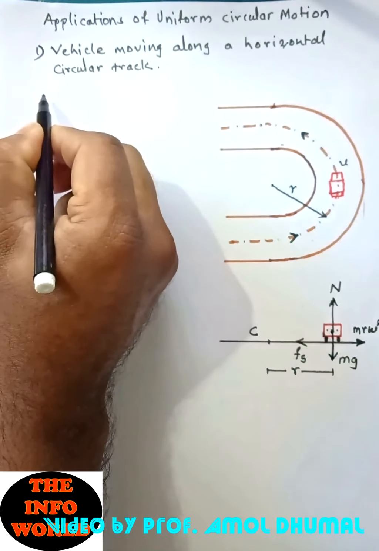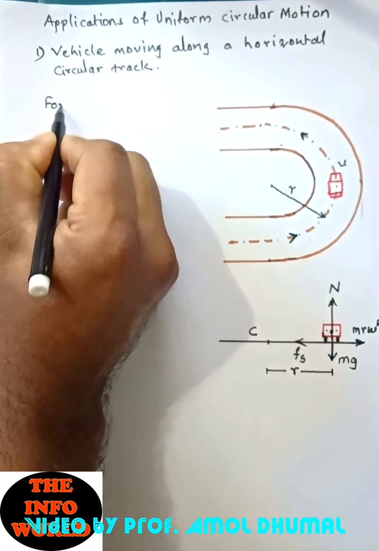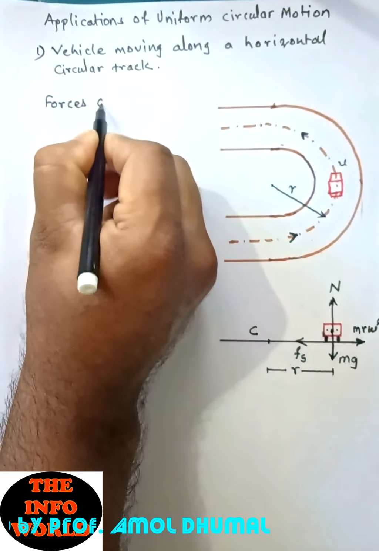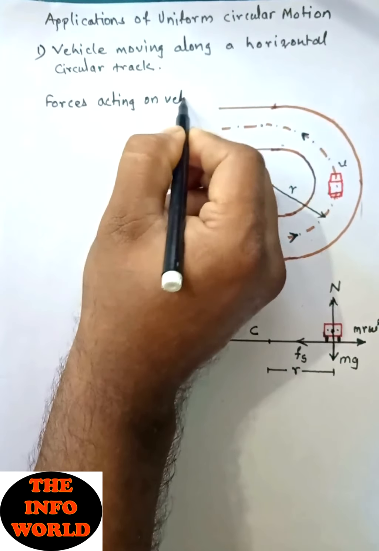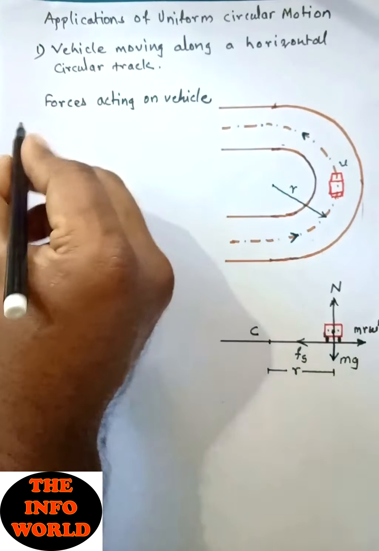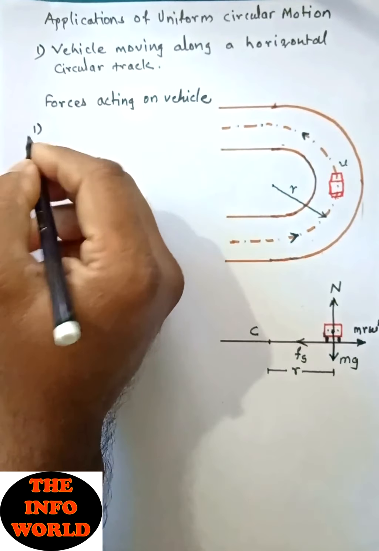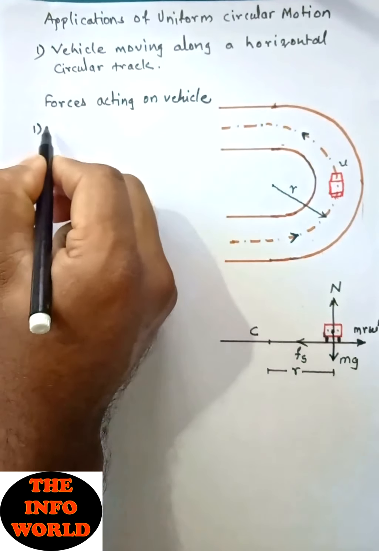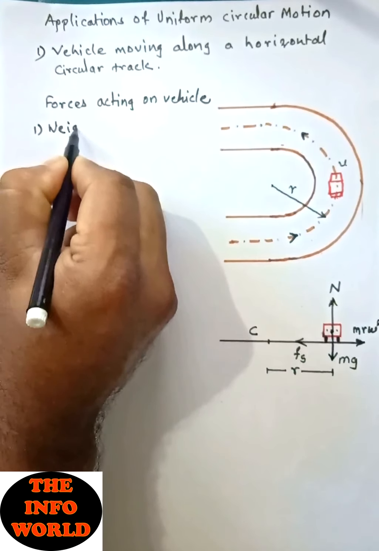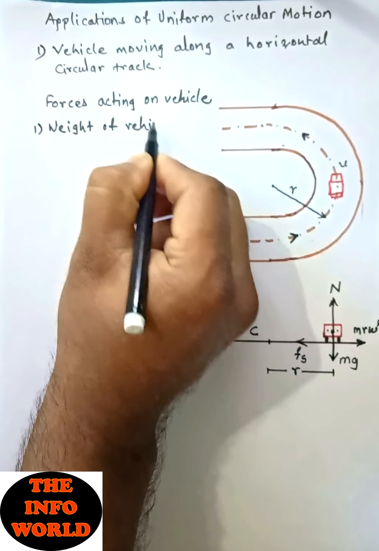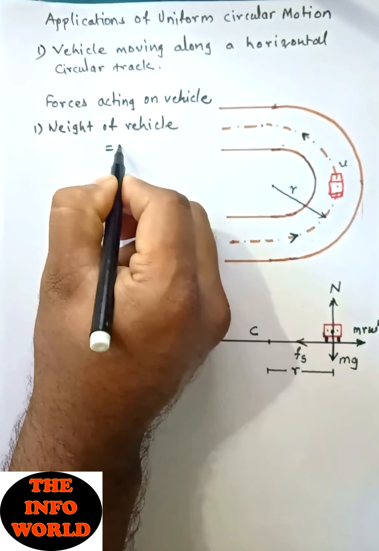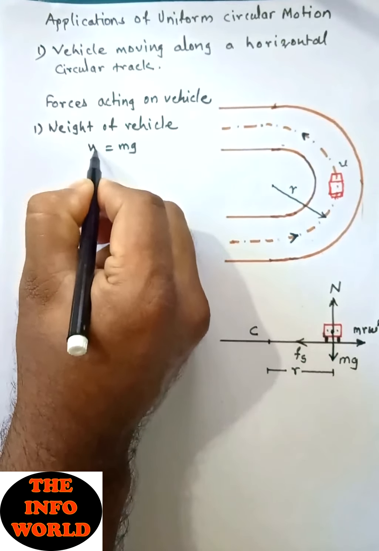We can write the forces acting on the vehicle. The first force is the weight of the vehicle, which is equal to mg.